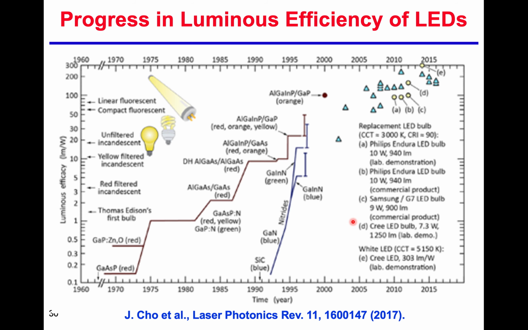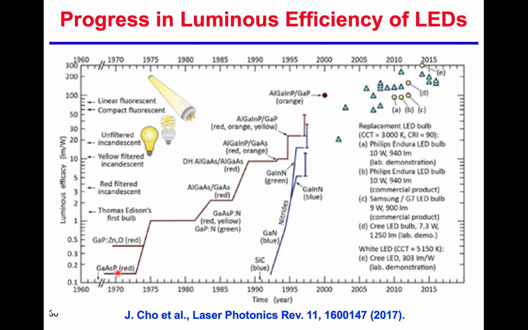So that is an issue for the gallium nitride LED. So anyway, right now we can see for the LED we have a very strong increase in efficiency. Here the y-axis is luminous efficacy, as we said in chapter 1, and the x-axis is the year.